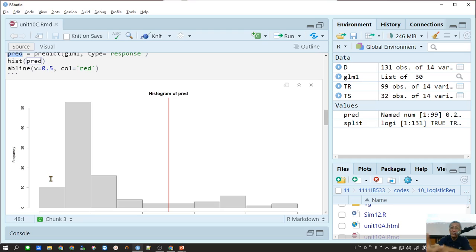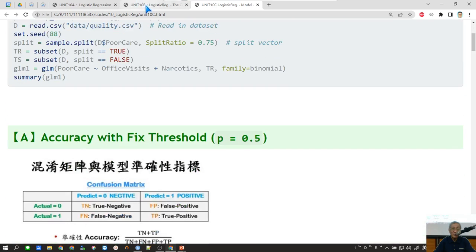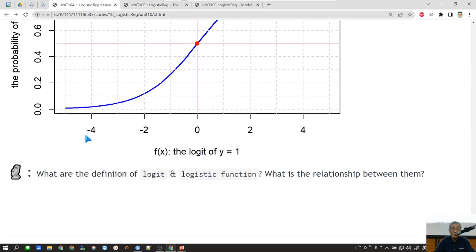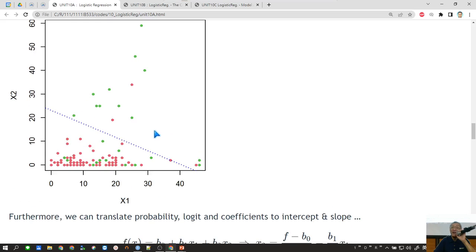There will be differences, as we already saw here. We can see it here. For this point, I will predict it as 1 because their probability is larger than 0.5, so I predict them.